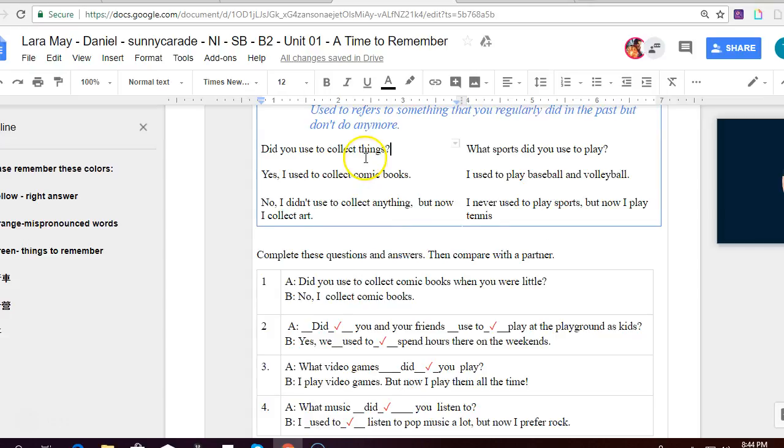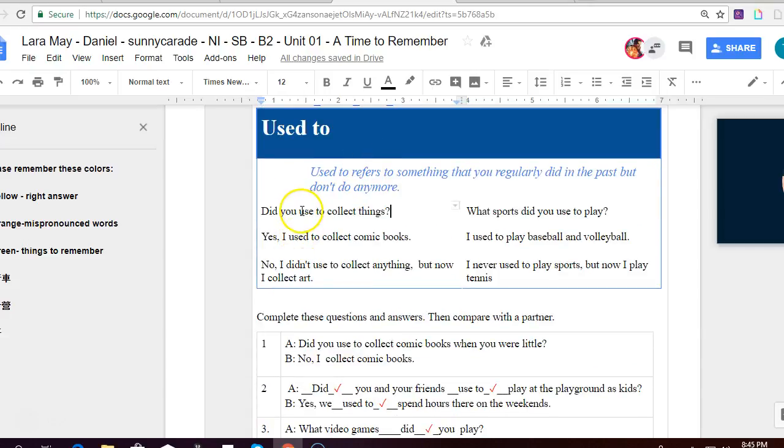As you can see, they also use here the word used to, and another used to with the. Okay. So can you please read them? Do you used to collect things? Okay, good. And how about this one? Yes, I used to collect comic books.